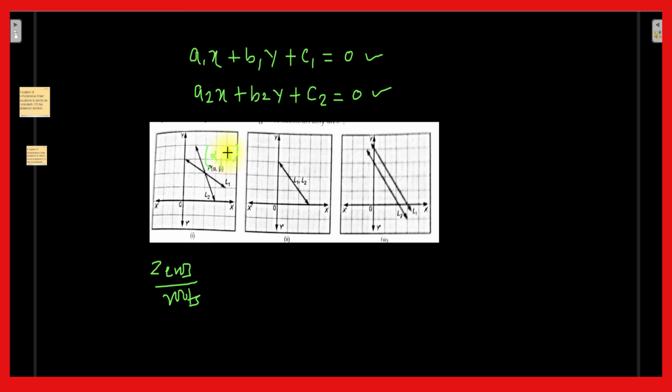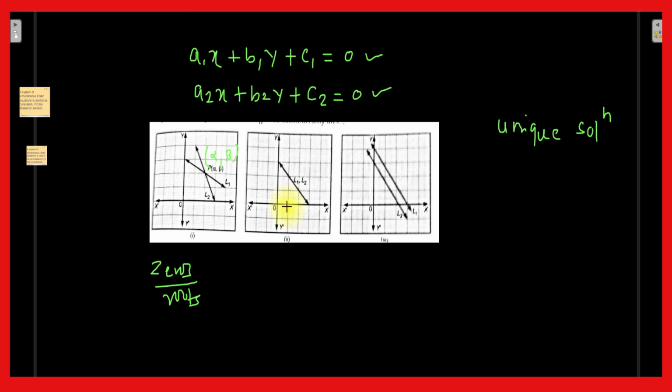So here this alpha and beta will be the solution of these equations, and such equations will have only one solution, and that is called a unique solution. It means that when the two lines intersect each other at one point, there will be a unique solution, meaning there will be one solution.